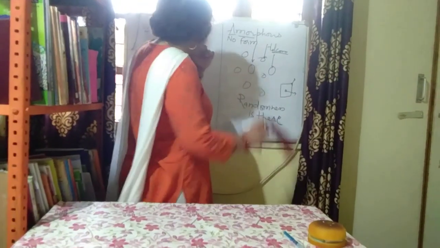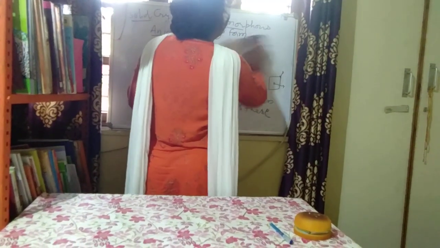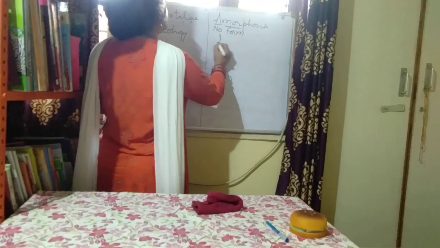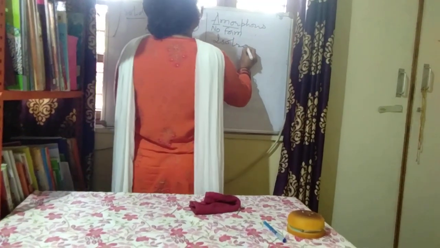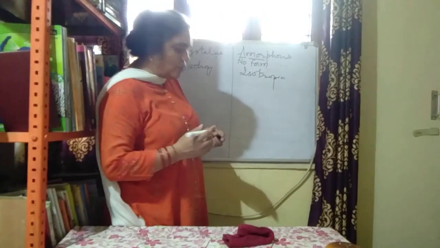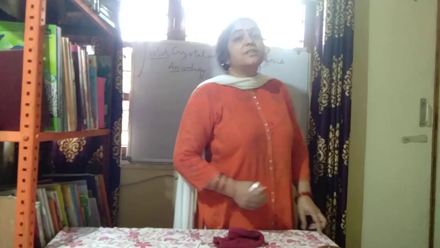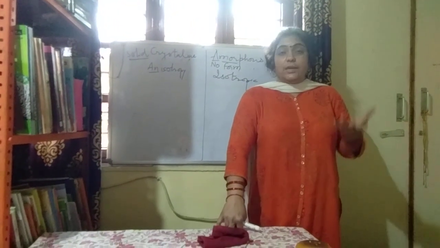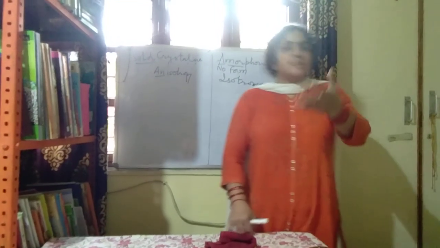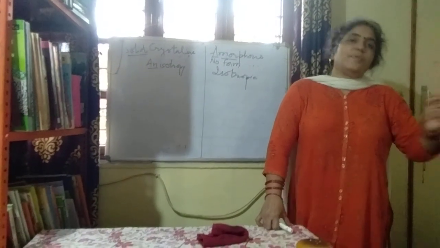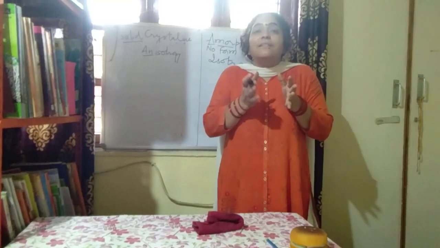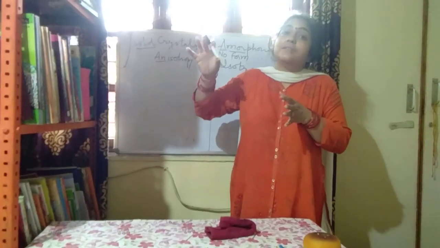Here, these amorphous solids will be known as isotropic. Clear? So, they may ask the question, what is anisotropy, what is isotropy, and why this is an isotropic substance and this is an anisotropic substance. So you have to clear it by the long order arrangement.